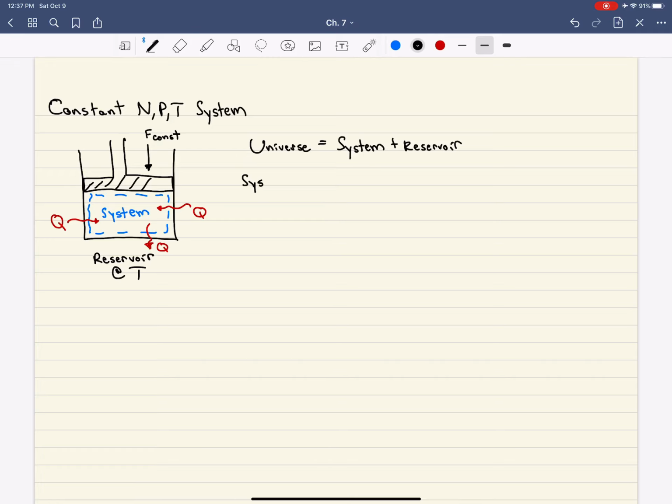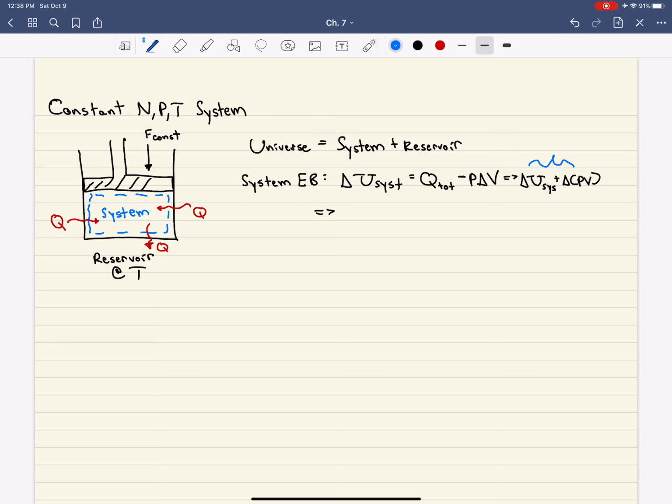From the system energy balance, the change in the internal energy of the system is now not only going to have a heat term, it's also going to have a mechanical work term, a P delta V. If we rearrange this equation, we have delta U_sys plus delta PV, and since P is constant, we could move it inside the delta.